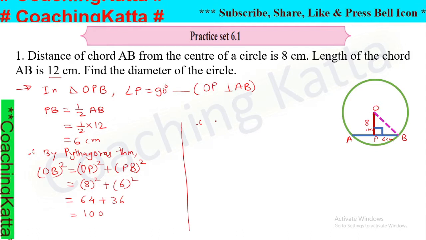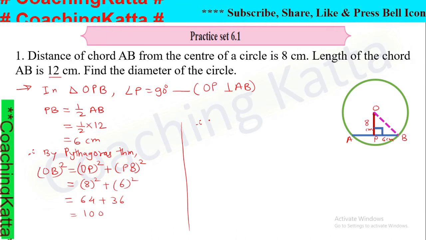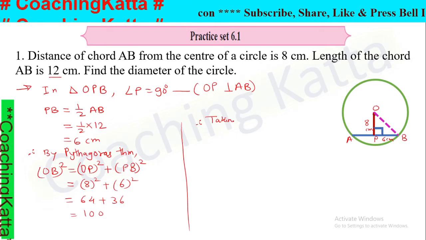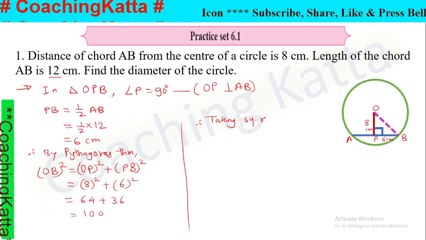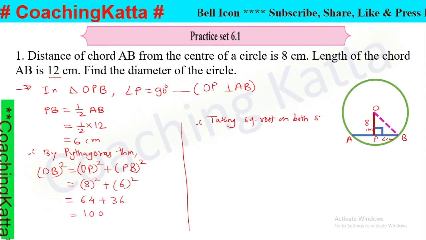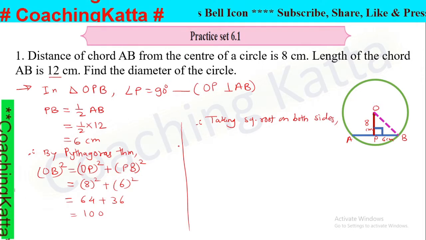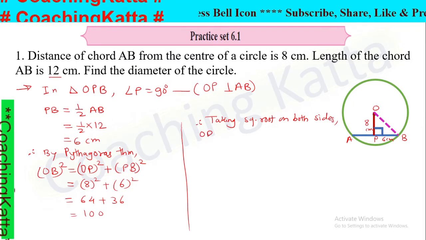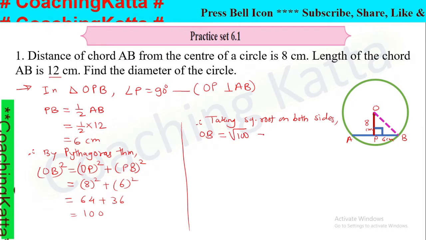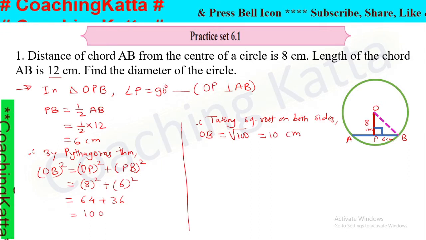Therefore OB equal to, taking square root on both sides, we get OB equal to square root 100, means 10 centimeter.